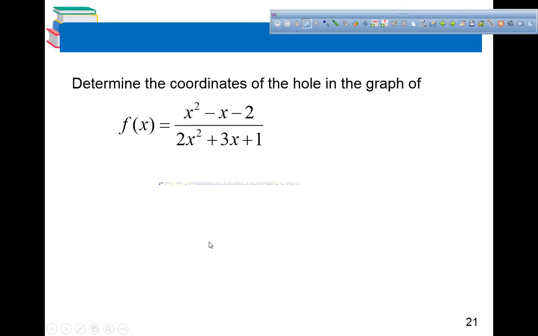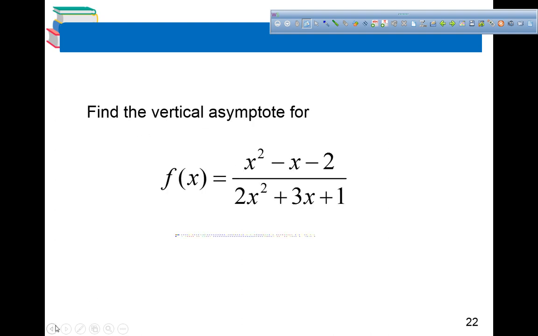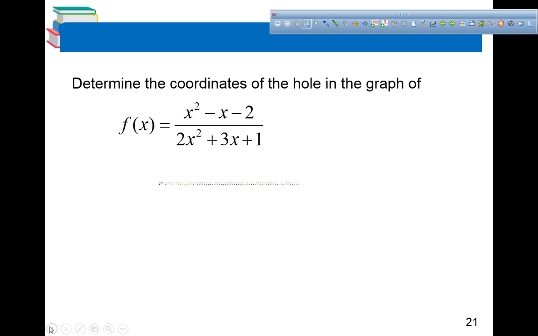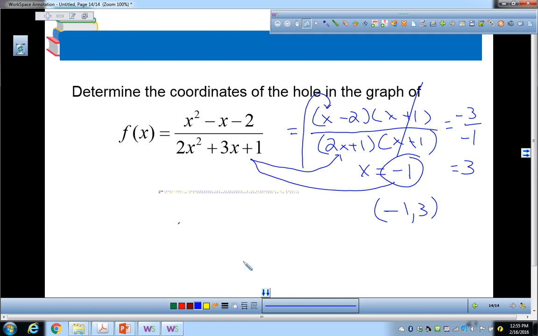Here you could tell me the answer. This is the same equation. Okay. Find the vertical asymptote. So going back. Who can tell me the vertical asymptote? Raise your hand. Sean. Negative 1/2 and negative 1.